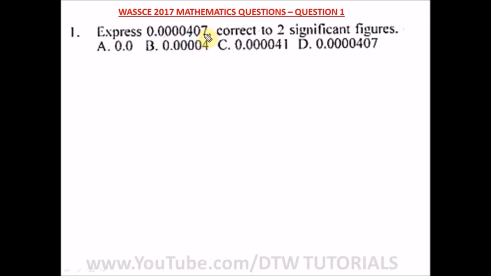The next number after this: is it greater than 5, lower than 5, or equal to 5? If it is greater than or equal to 5, we carry a 1 here, but if it is lower, we will not. Since 7 is greater than 5, we carry a 1 here. So we have our answer as 0.00041, and our right option here is option C.